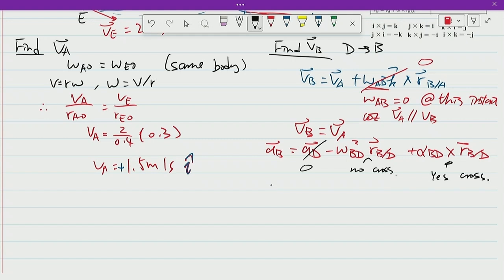That's going to give us AB equals omega BD. We just found VB, so we can actually find omega BD. So V is equal to R omega.